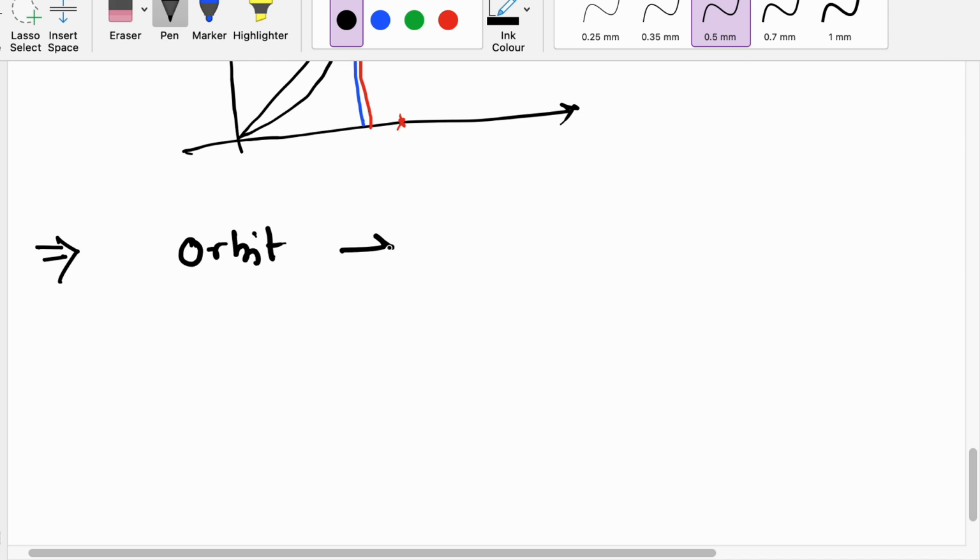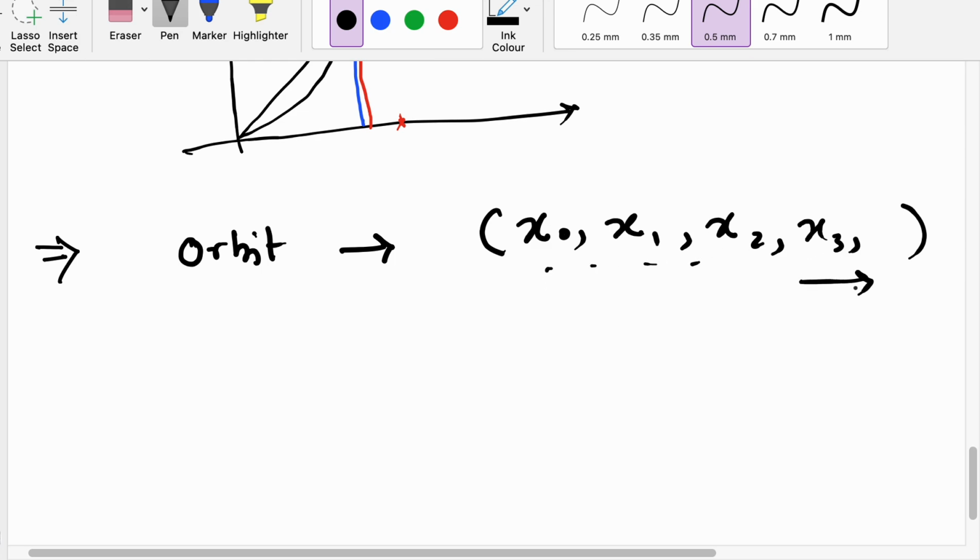Orbit is nothing but the sequence of the iterates of the initial condition. Now we want to see whether these iterates are going towards somewhere or going towards infinity. That is our main question. So systematically, it's called the study of dynamics.